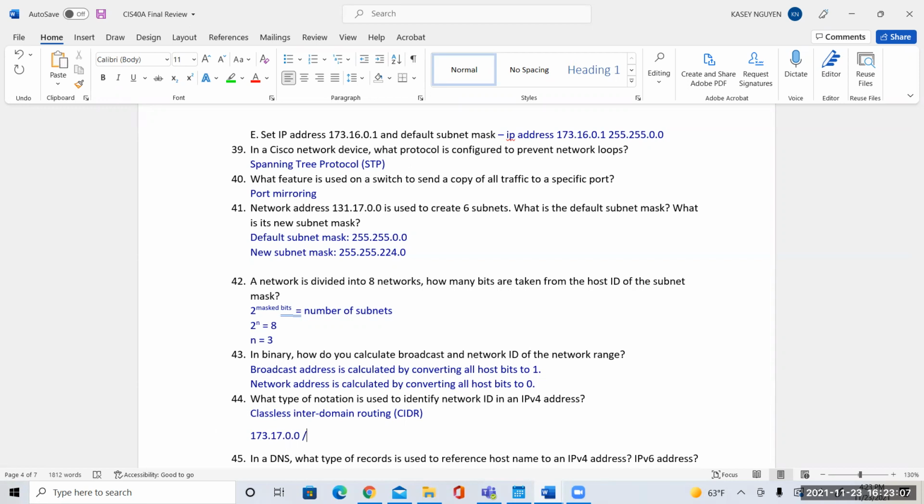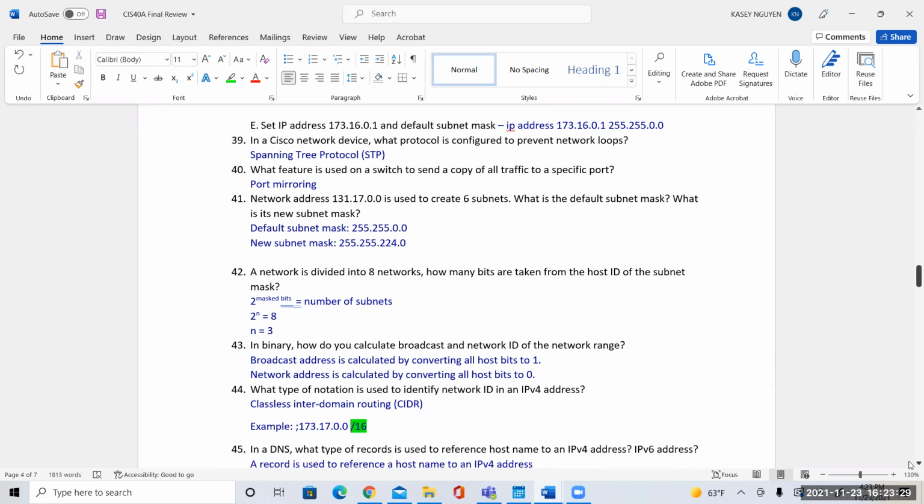We want to indicate the default, that will be 16. So your CIDR is this part right here. That will just be the bits that represent the network ID. So if it's using borrowed bits, like if we're subnetting, that will be slash something else instead of 16. It could be 18 if it's borrowing 2 bits, 20 if it's borrowing 4 bits from the host, and so on.